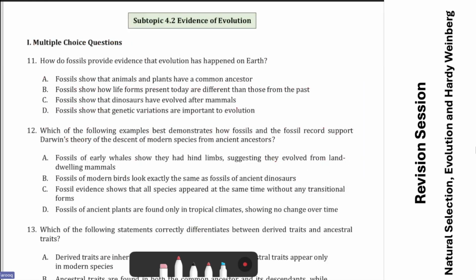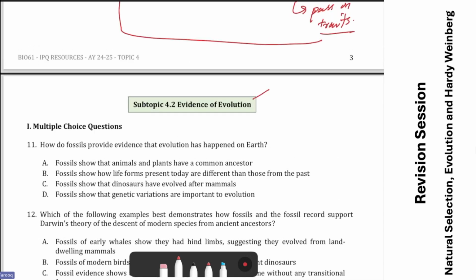Moving to topic 4.2. 4.2 deals more with evidences of evolution. Again, you need to identify what kind of evolution evidence you have. We have a lot of evidences. One of those is fossils. So let us first list the evidences. We studied fossils.